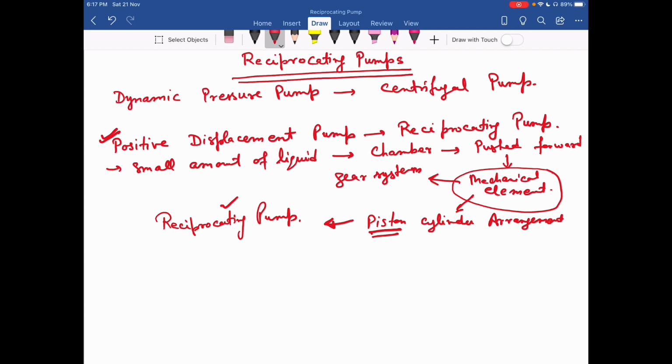The volume of liquid that we push in a reciprocating pump will depend upon the speed with which the chamber is filled and emptied.